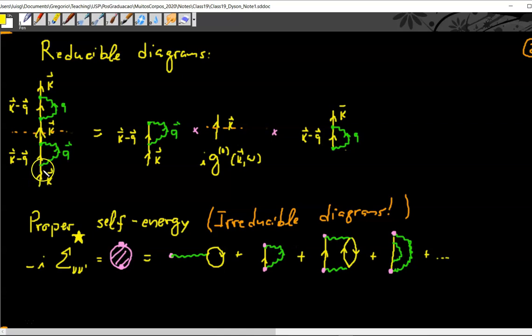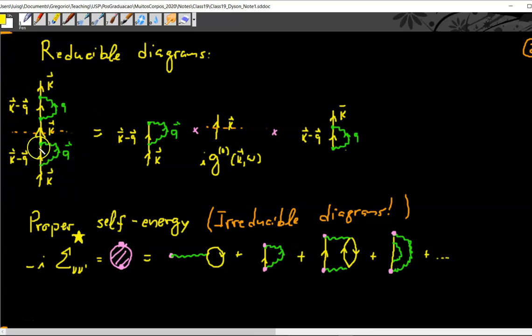So this is K, there's a momentum Q here for the interacting line, then this line has K minus Q, etc. So this is a free propagating line with momentum K, the same K that is entering here, which essentially gives the K for the interacting Green's functions.